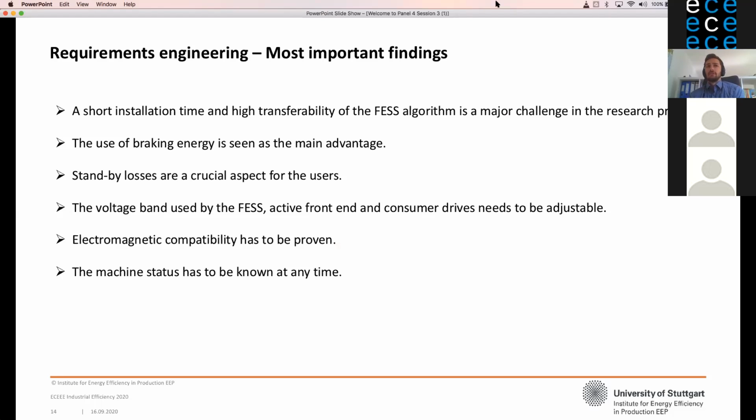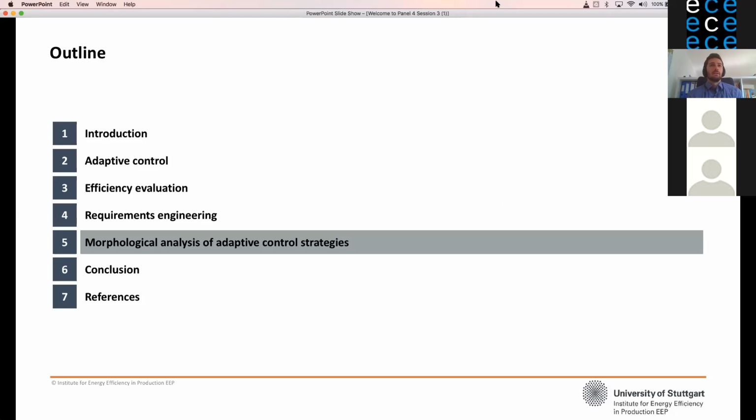Standby losses are a crucial aspect. For example, if you have a lift application nobody uses to lift, the flywheel energy storage just turns around and loses its friction energy constantly.